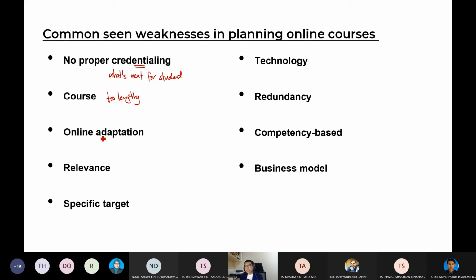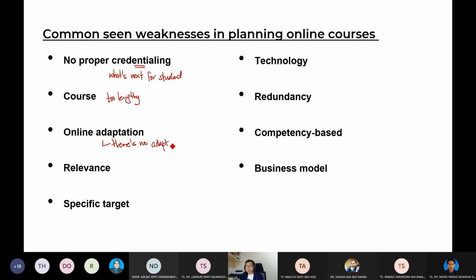And then the next one is there was no online adaptation. Usually when a MOOC course is proposed to us, it's just notes from a normal classroom, just put into an online platform.